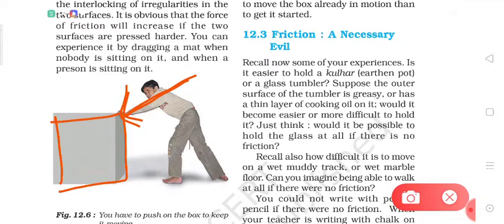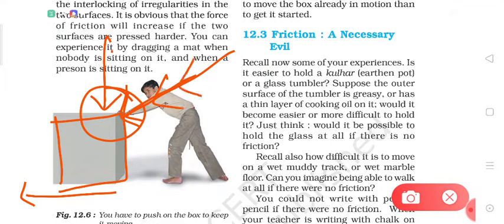But once the box starts moving, you will have to apply less force to maintain its motion at the same speed, to maintain its sliding at the same speed. So we can say while the box is at rest and it just starts to move, a larger amount of force needs to be applied. That means at this time you have to overcome a larger amount of friction.